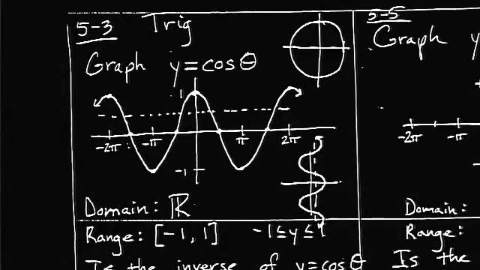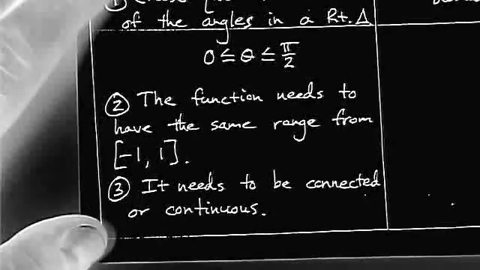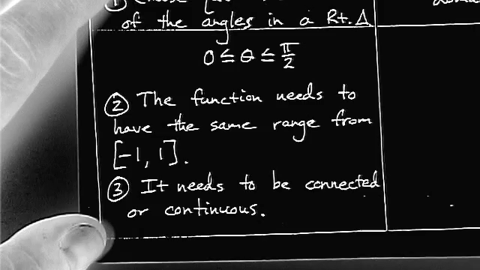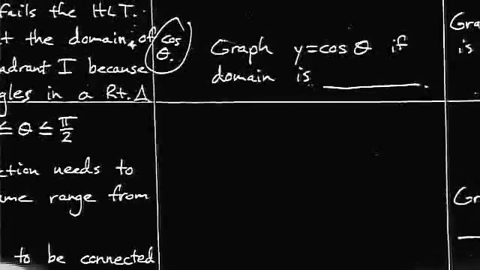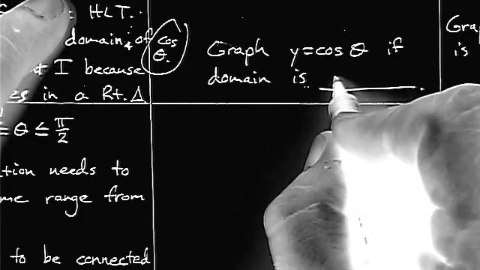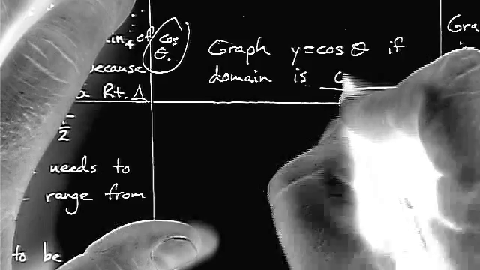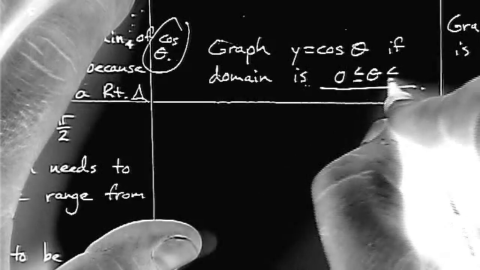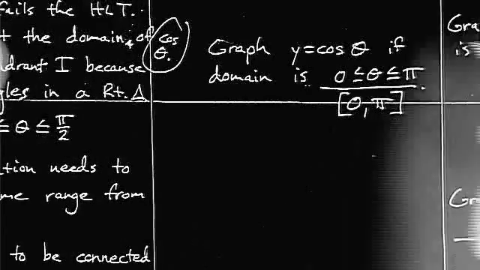So in other words, if we restrict the domain, the graph of y equals cosine theta, if the domain is from 0 to pi, okay, so 0 comma pi with the brackets on the ends.